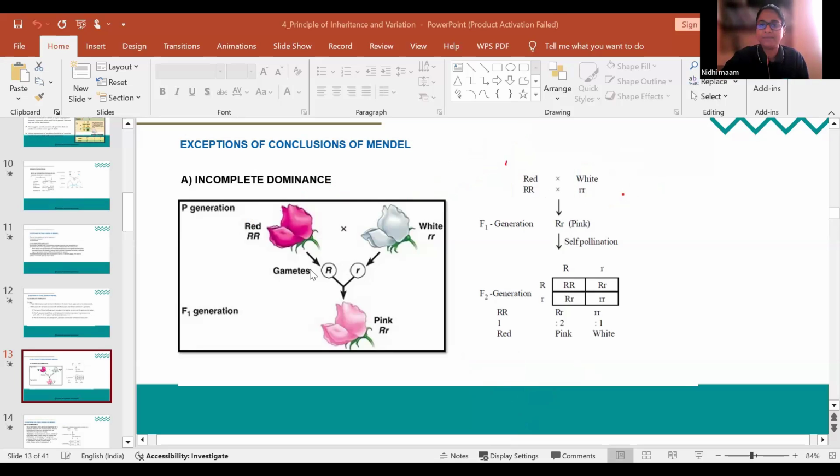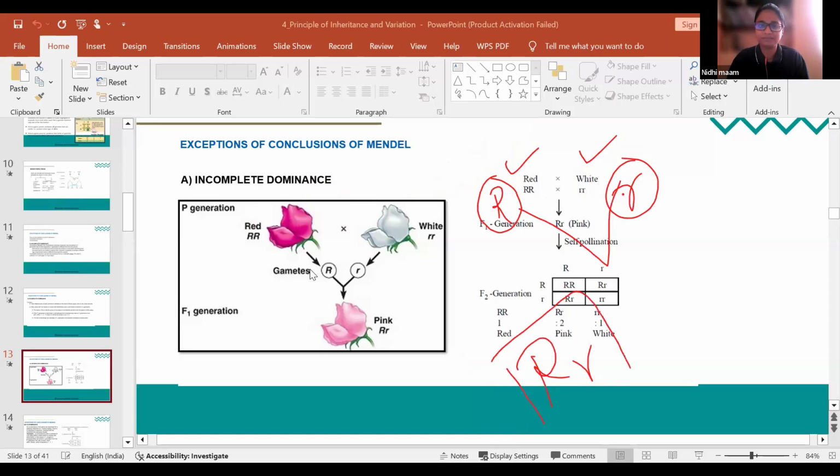So the red flower plant is crossed with the white flower plant, and during gamete formation all the gametes got the R allele, and here all the gametes got the small letter r allele, that is the white allele. When they fused, we got Rr. In Rr, which one is dominant?